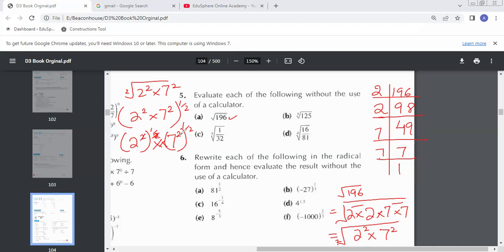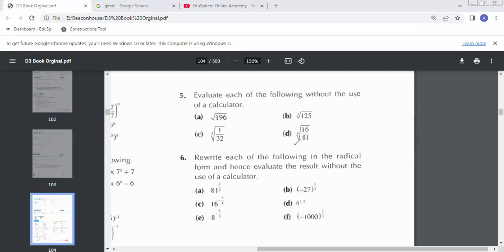The 2 and 2 cancel. So we are left with 2 to the power 1 times 7 to the power 1, which is 2 times 7, and the final answer I got is 14. So without a calculator, I am able to find the square root of 196, which is the 1 by 2 root of 196, equal to 14. I hope this question is quite clear, and we will be moving on to the B part.